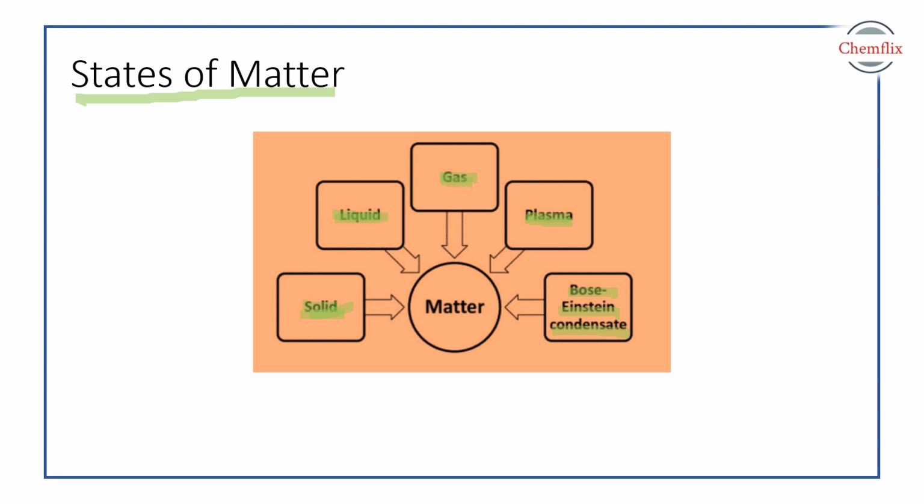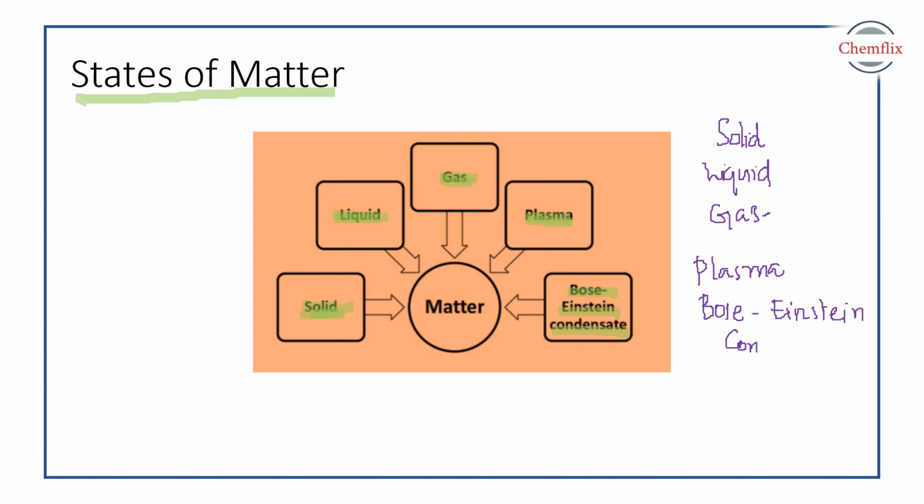So the states of matter are solid, liquid, gas, plasma, then Bose-Einstein condensate. Bose is one scientist, Einstein is also a scientist. Bose is an Indian scientist. Bose and Einstein, condensate.